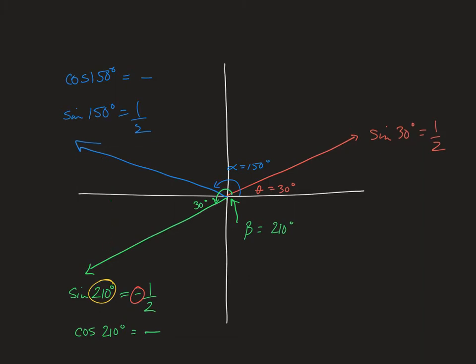And what you're going to notice is I'm going to put in a dotted line. On that blue triangle, I can actually construct a right triangle. And it's a right triangle for my related acute angle.